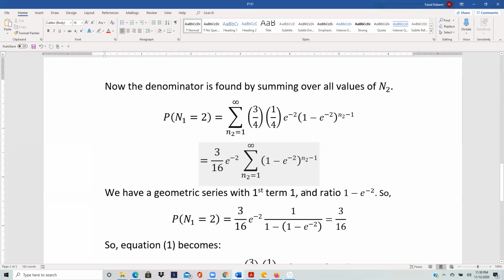Anything to the power 0 is 1. So the first term is 1, and the ratio is 1 minus e to the negative 2. And then we know that the sum of an infinite series is the first term divided by 1 minus the ratio. So 1 divided by 1 minus the ratio, and 1 minus 1 plus e to the negative 2, the ones cancel out and you just get e to the negative 2. That cancels with this e to the negative 2, and that's just 3/16. So the denominator is just 3/16.